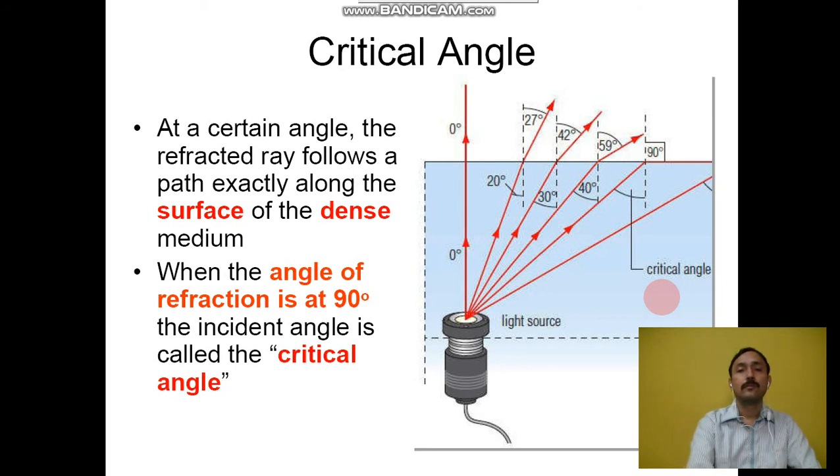Now, at a certain angle, the refracted ray follows a path exactly along the surface of the dense medium. As already stated, when the angle of refraction is 90 degree, the incidence angle is known as the critical angle.